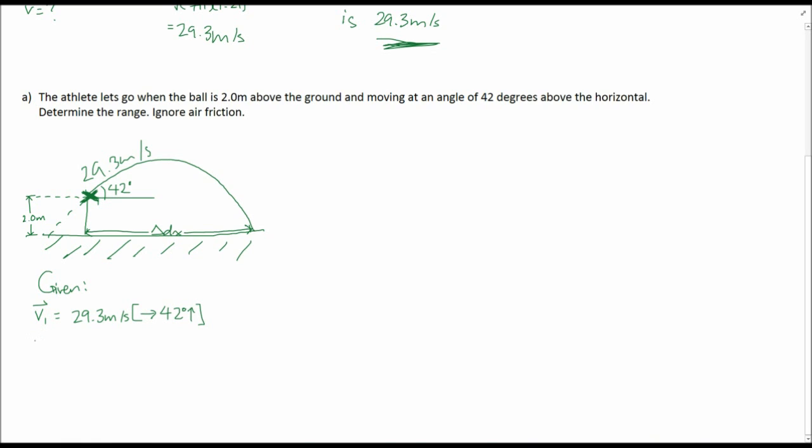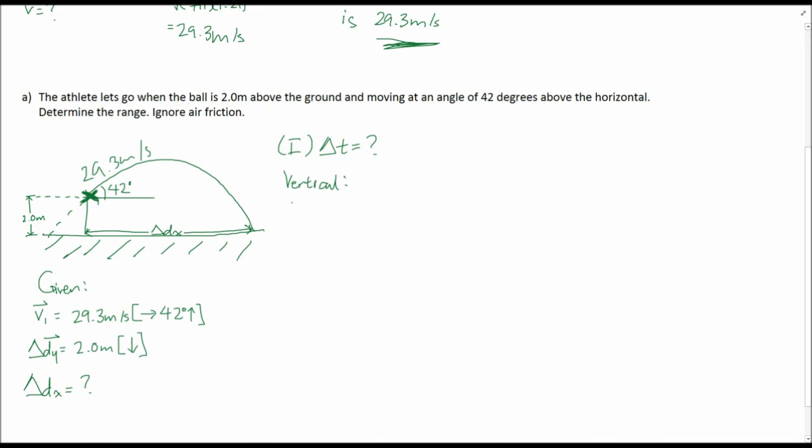And then our vertical displacement, delta dy, is 2.0 meters down. And what we're looking for is our range, delta dx. To solve for that, first we're going to need to solve for the time that it's in the air. And we're going to find delta t with our vertical component.